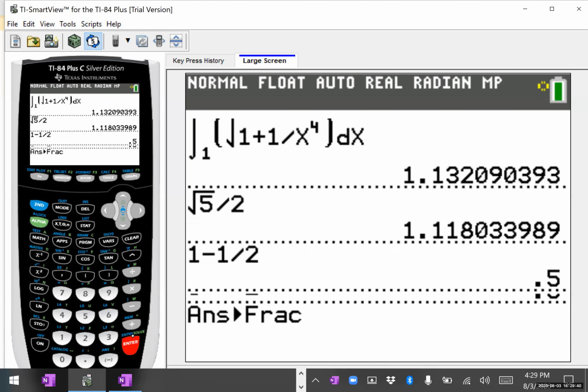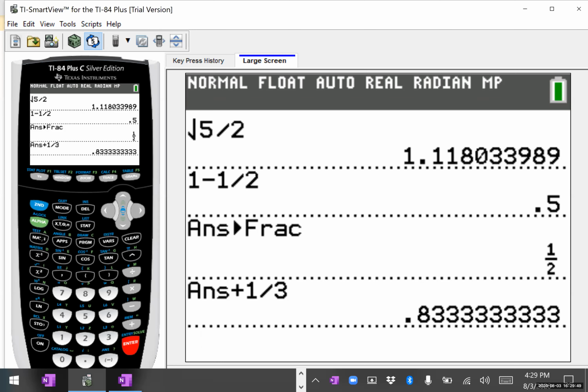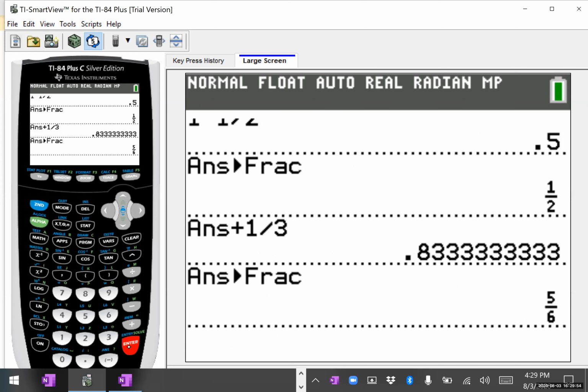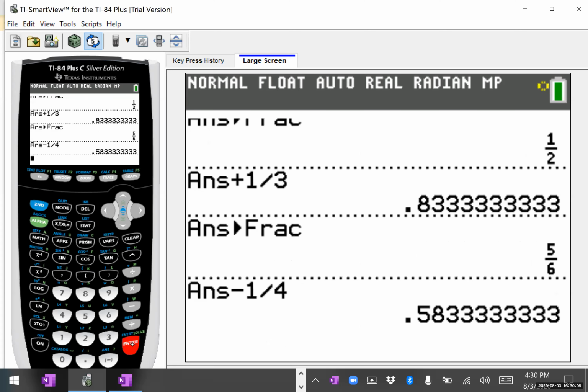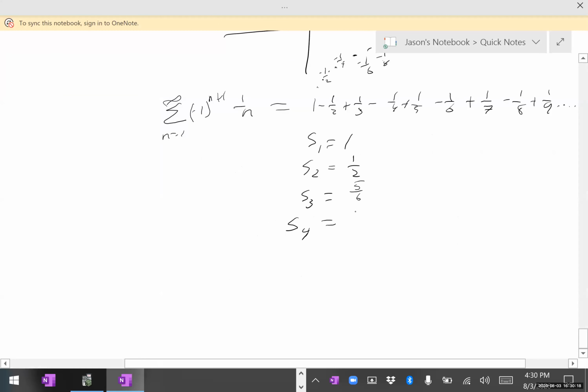So 1/2 plus 1/3. Then again, change that to a fraction. That should be 5/6, right? And then what we do, minus 1/4. Yep, 1/4. Then math, fraction. Okay, 7/12, perfect. Let's go back here, that's 7/12.